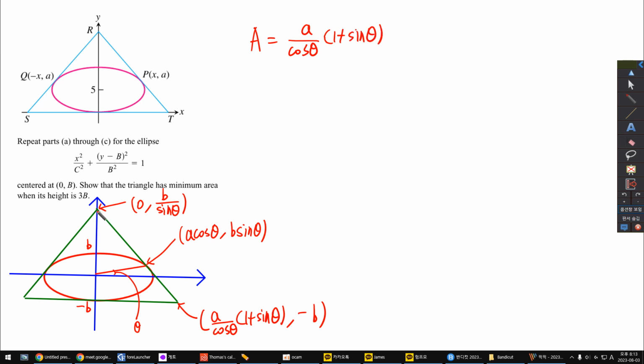And the height of this triangle is this b over sine theta plus b. So this is b over sine theta and there is another b. So when you multiply these two, that will make the area of the triangle.